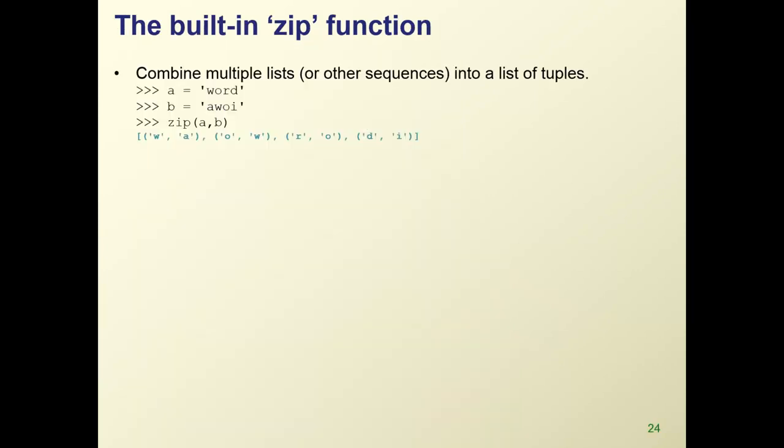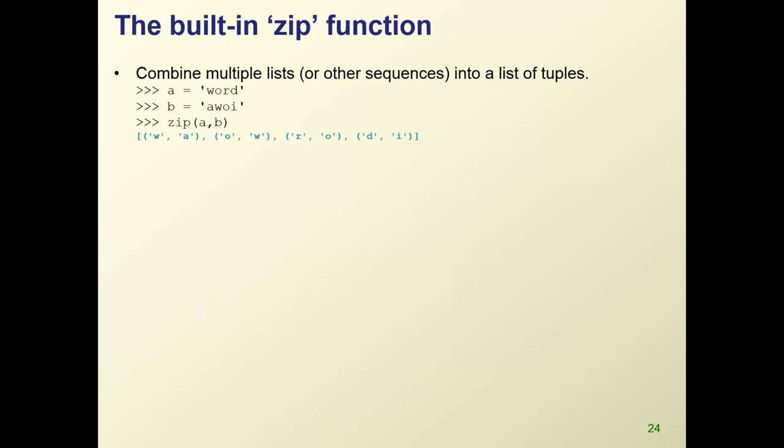Next, we'll discuss the built-in zip function. The zip function combines multiple lists or other types of sequences into a list of tuples. Here we have an example where we have a sequence that is a sequence of characters. A string is a sequence of characters.